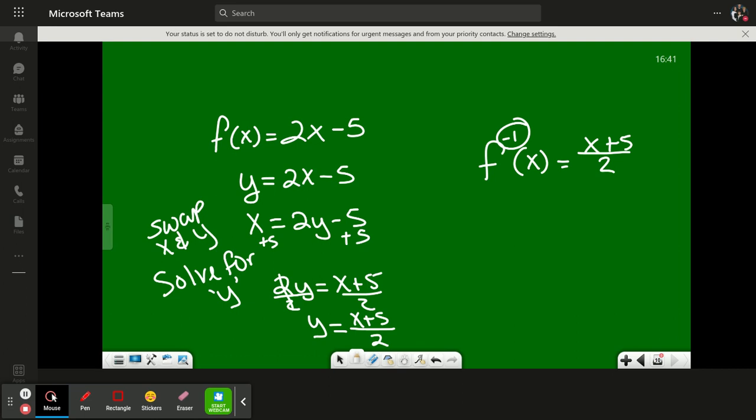Okay, let's try a couple of those. We'll start out pretty easy. So what if I have f of x is equal to 4x plus 2?